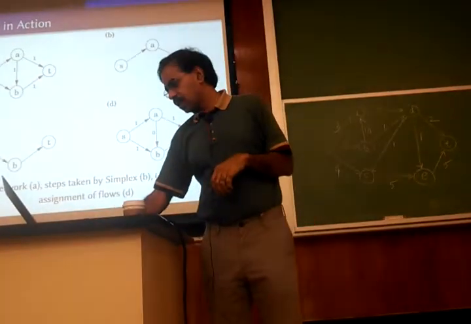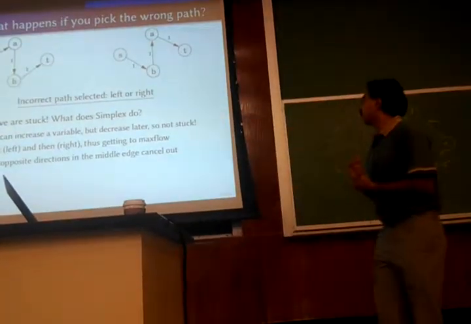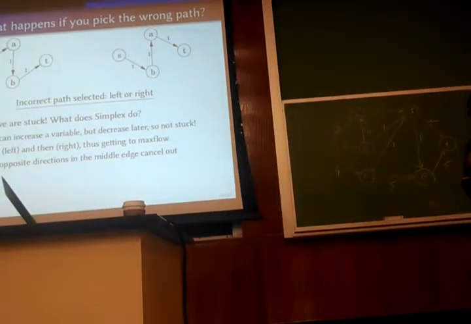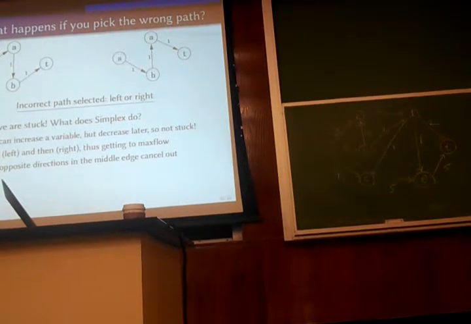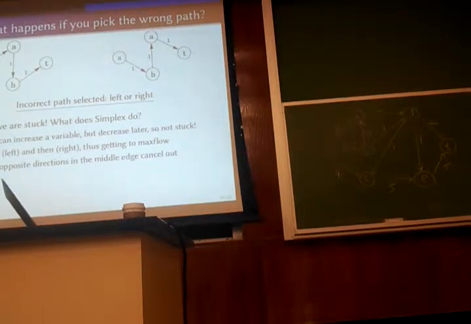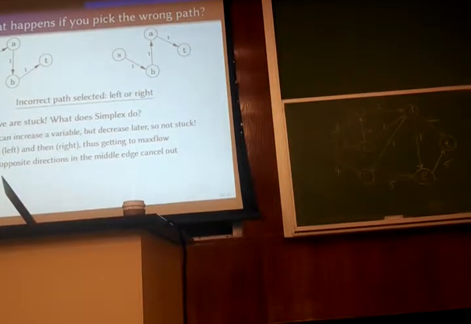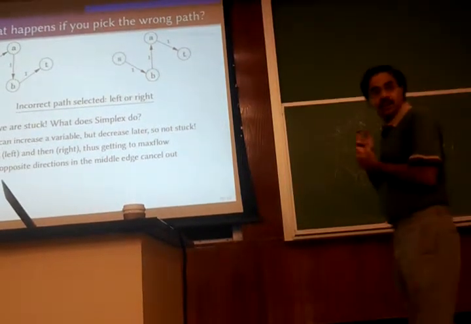The catch though is, what happens if the first path you select happens to be that? Now you can see that from here, either you go to S, A, B, T, or on the right you go from S to B and then to A and then T, right?